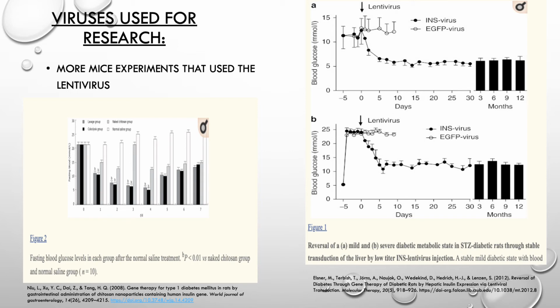I incorporated these two together because they both showed two different ways they did it, but with mice as well. Figure 2 shows 4 different groups that they used, similar to the previous slide, but they just wanted to see the fasting blood glucose levels, and to see if the administration of the EGFP was of any interest.